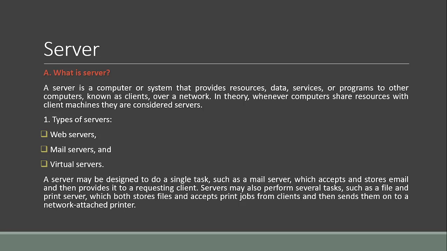The number one thing we need to know here is the types of server. There are different categories or types of server, but I will show you four or five major ones here. We have three here: web server, mail server, and virtual server. A server may be designed to do a single task, such as a mail server like Gmail.